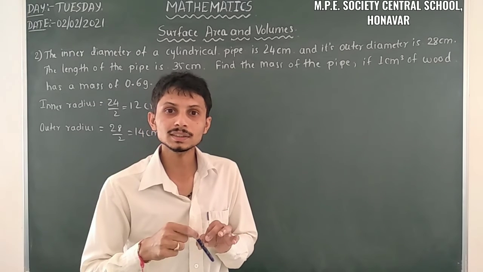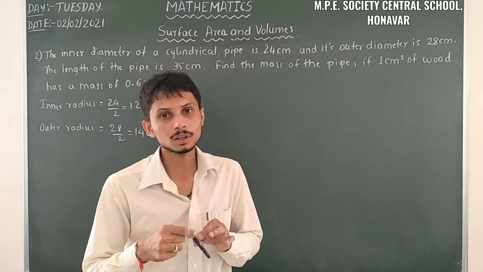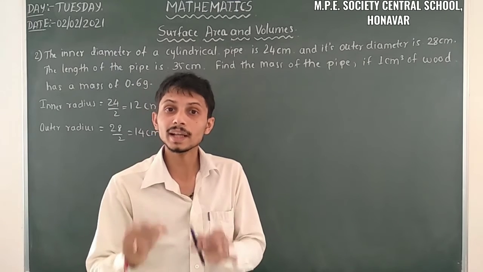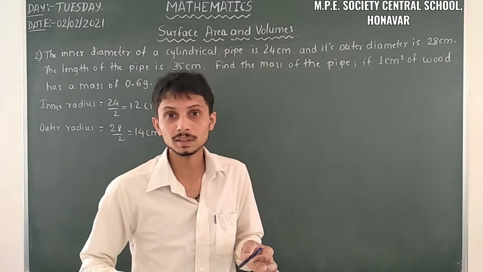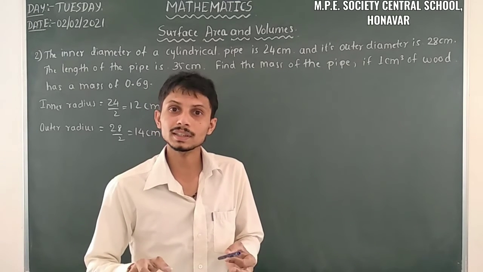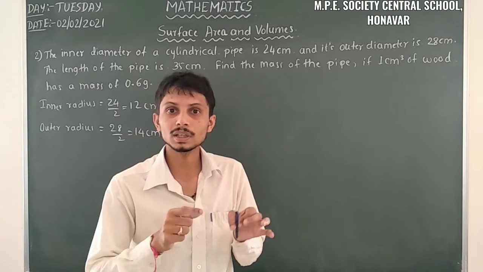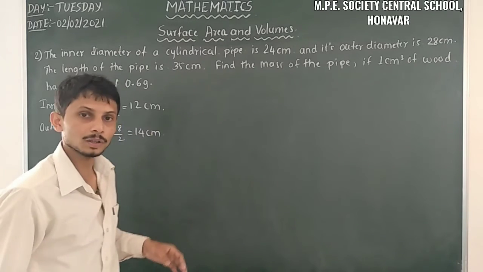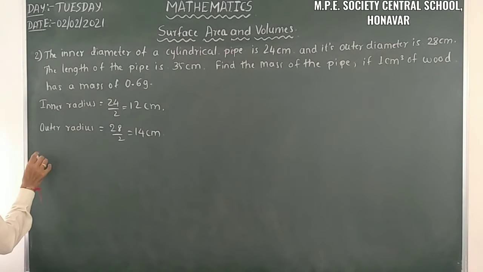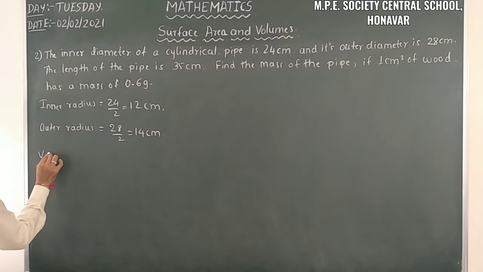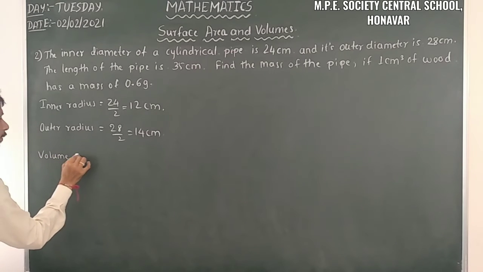From the thickness it is difficult to find the volume, because we want only the radius and height. There is no thickness term here. So that's why we have to subtract the volumes. Firstly we have to take the volume of the inner part.